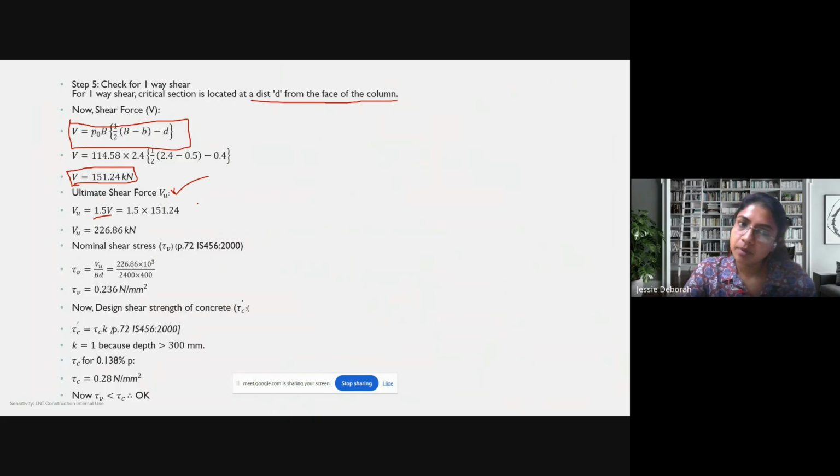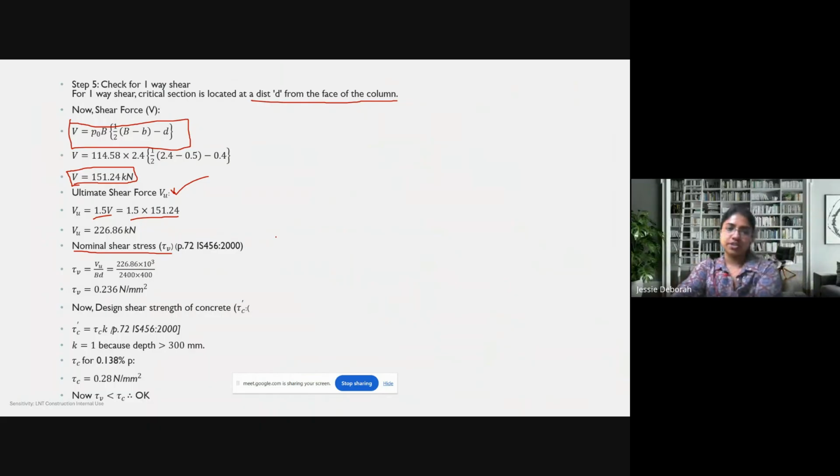Just as we checked the ultimate bending moment, similarly we are checking the ultimate shear. Vu is 1.5 into 151.24. Now, page number 72 of IS 456:2000 gives you the nominal shear stress, tau v. Tau v is Vu by bd.